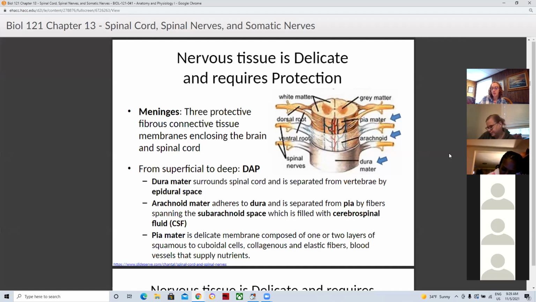Not thick. Generally, you can see through cells because they're that thin. So this is normally what you're looking at when you're looking at the surface of the spinal cord. You're looking through it.